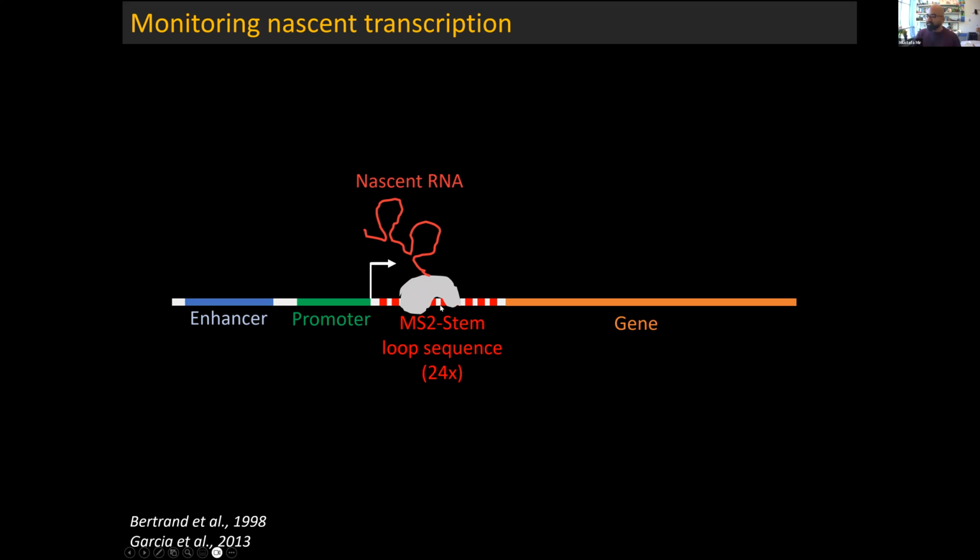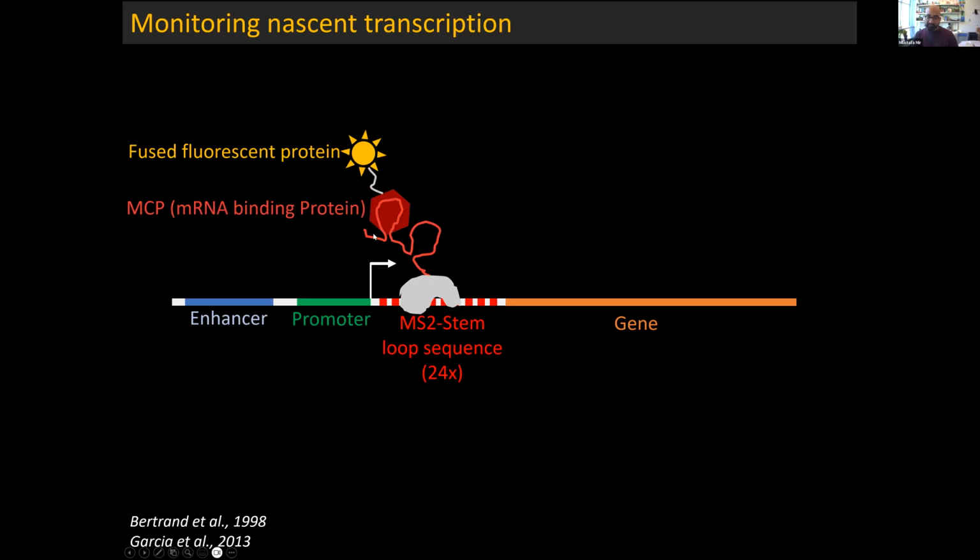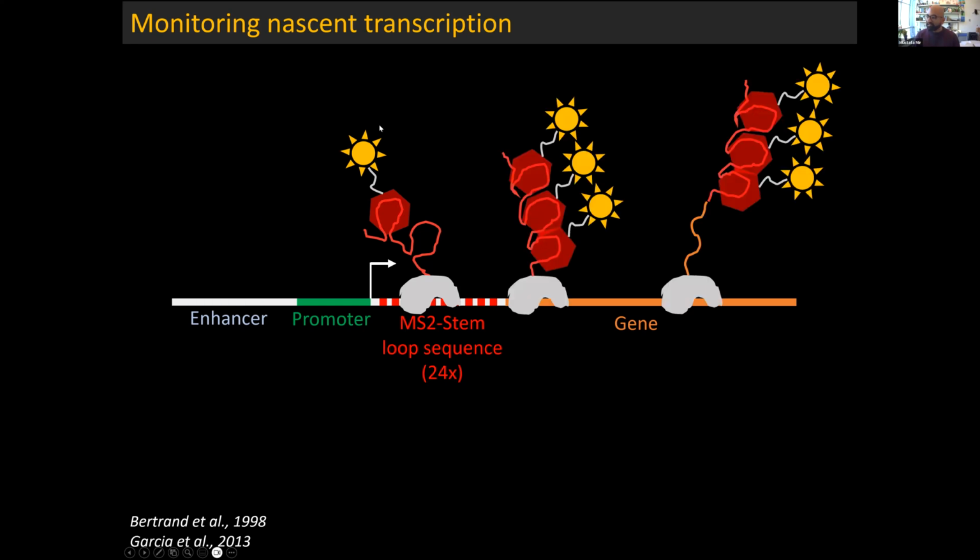When this viral sequence is transcribed, it makes a very specific stem loop structure. Now, this stem loop structure is recognized by the coat protein from the same virus with very high affinity. And what we do is we fuse this coat protein with a fluorescent protein. So then when the gene is transcribed, we get a signal for where the transcription is happening.